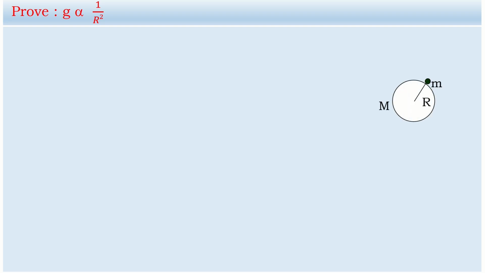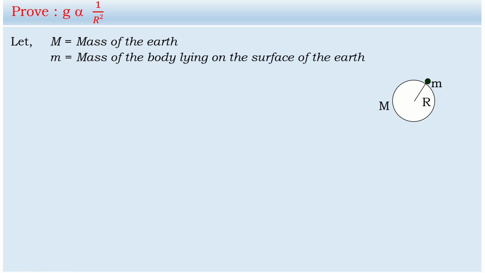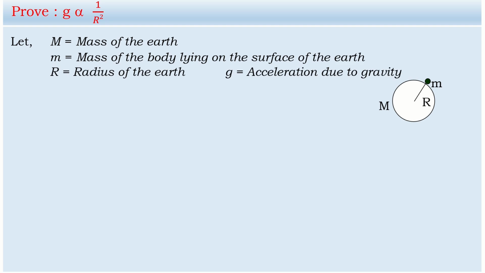Let's say this is the earth and its mass is capital M and its radius is denoted by capital R, and the mass of the body lying on its surface is small m. Let capital M be the mass of the earth, small m the mass of the body lying on the surface of the earth, r the radius of the earth, and small g the acceleration due to gravity.